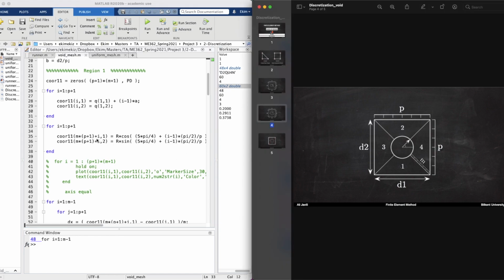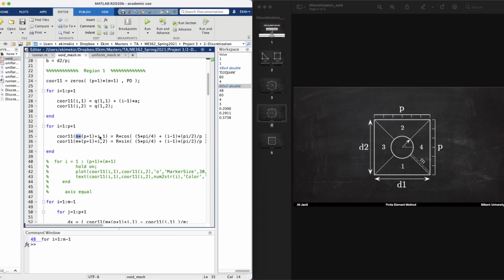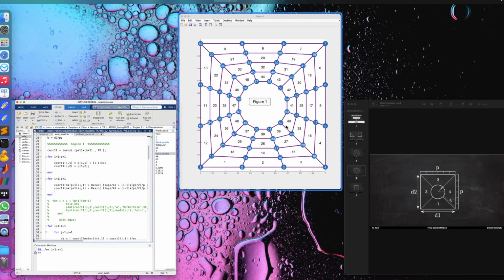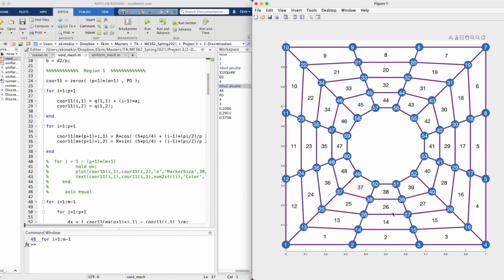And let's first look at the index here. So we have m times p plus 1 plus I. Why? Because, let me actually go to this. We have m rows of nodes up until here, right? So to get to this, we will need m times p plus 1, plus 1 for this, plus 2, for this plus 3.